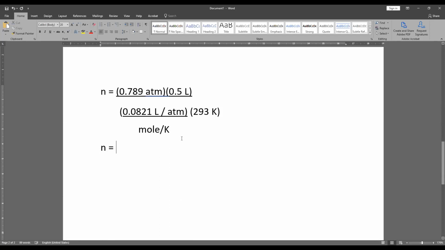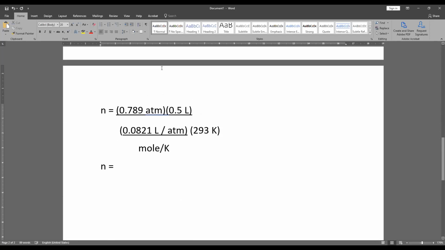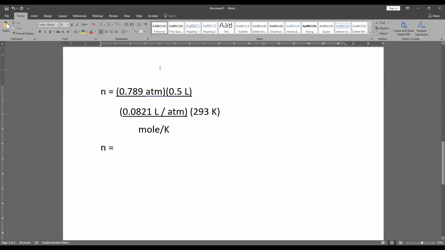n is equal to, what should be done next? Can we cancel the K? Yes, we try to double check the solution. What should be done next? Yes, Trisha, correct. Now we need to cancel the liters, the ATM.